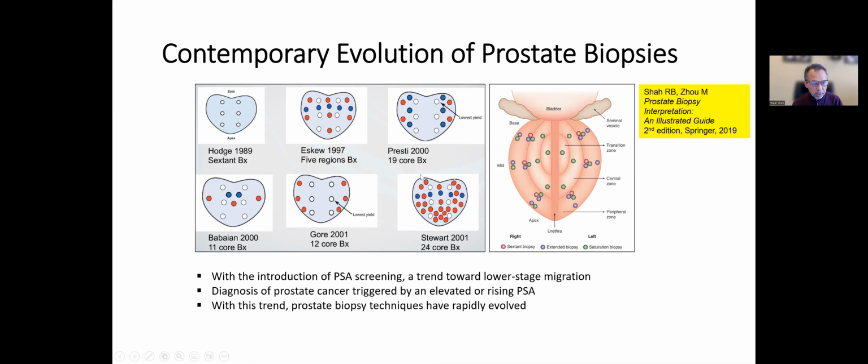Extended biopsy is typically defined as 8 or more cores. Typically, you are going to get 12 cores, and of those, 6 cores are from the sextant areas, and then 6 cores are from the more peripheral aspect of the prostate.